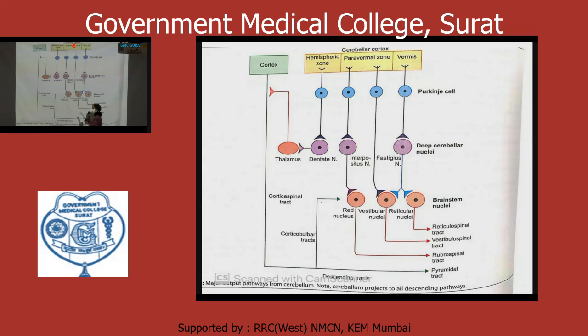Whereas the output of the vestibulocerebellum, that is the flocculonodular area, doesn't convey to the deep cerebellar nuclei. Rather, it is conveyed directly to the vestibulospinal tract, and they control the activity of the vestibulospinal tract. Next.